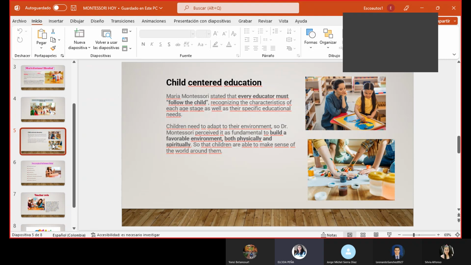So, Dr. Montessori perceived it as fundamental to build a favorable environment, both physically and spiritually, so that children are able to make sense of the world around them.